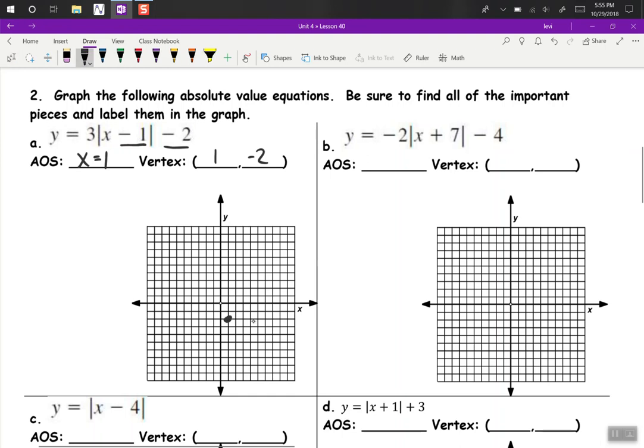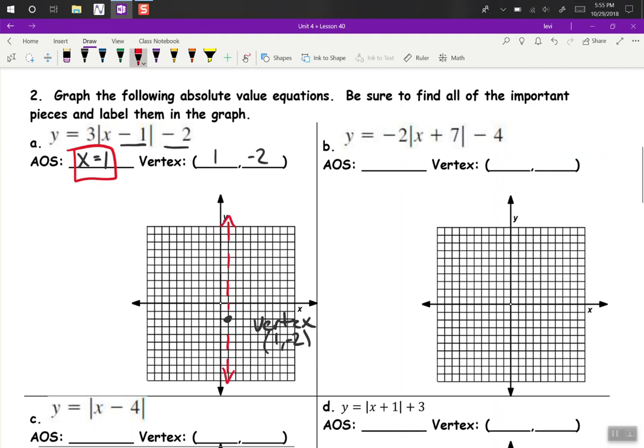There's our vertex, we'll label it vertex 1, negative 2. And our axis of symmetry is X equals 1, that's the vertical line. So we'll draw that in.